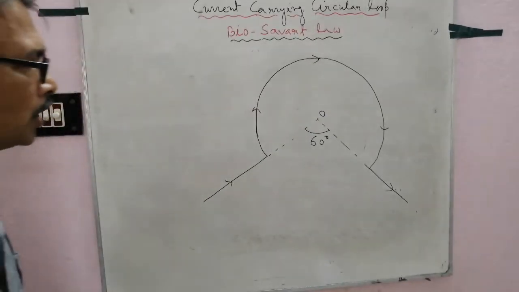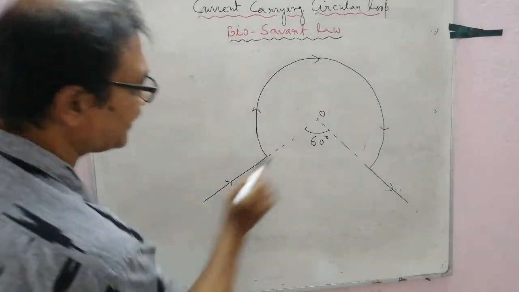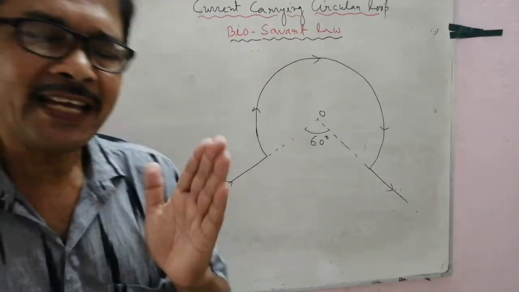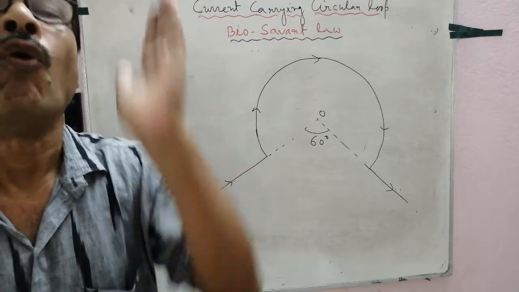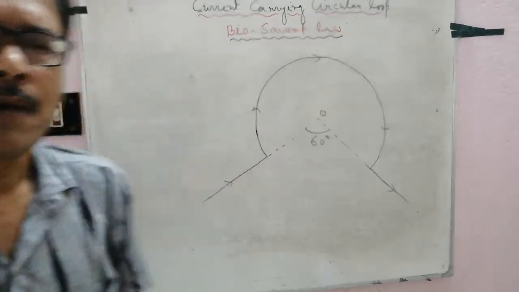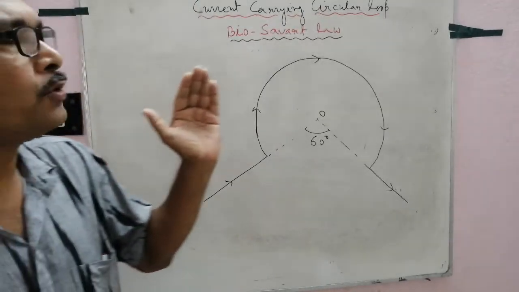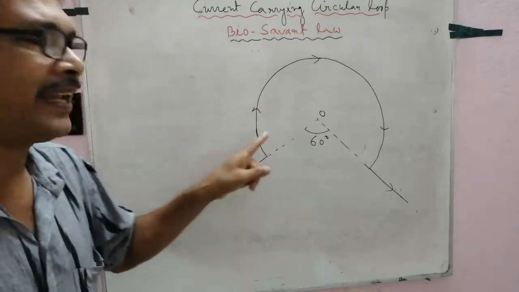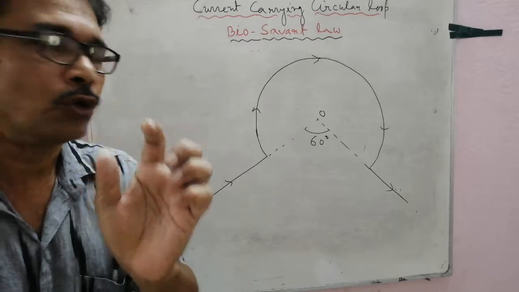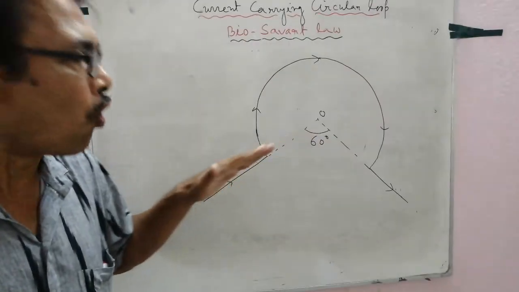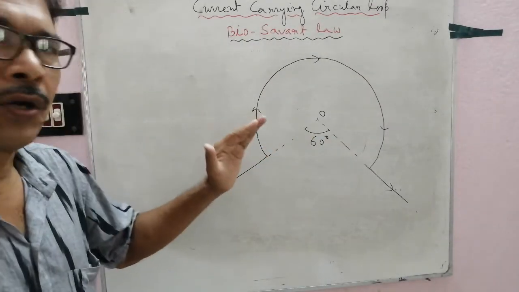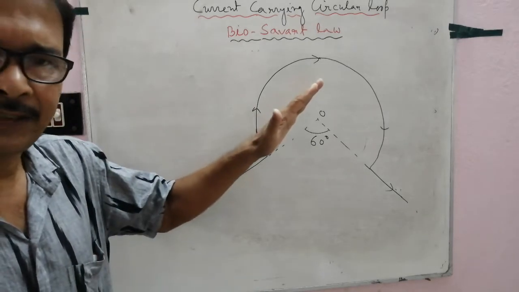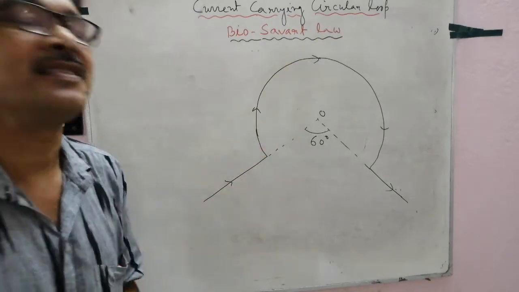Okay. So this is the circular portion. We know from Biot-Savart law, at any point on the wire, B equals mu0 by 4 pi I del L sin theta by r square. At any point on the wire, theta equals 0. So the magnetic field on the wire, or in the direction of the current, is nil.